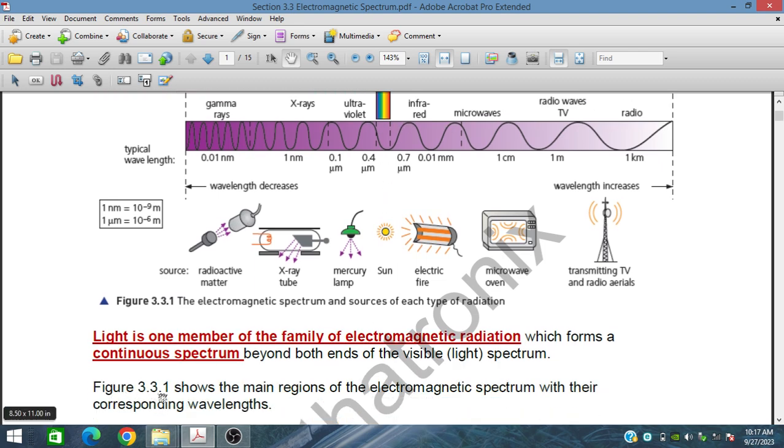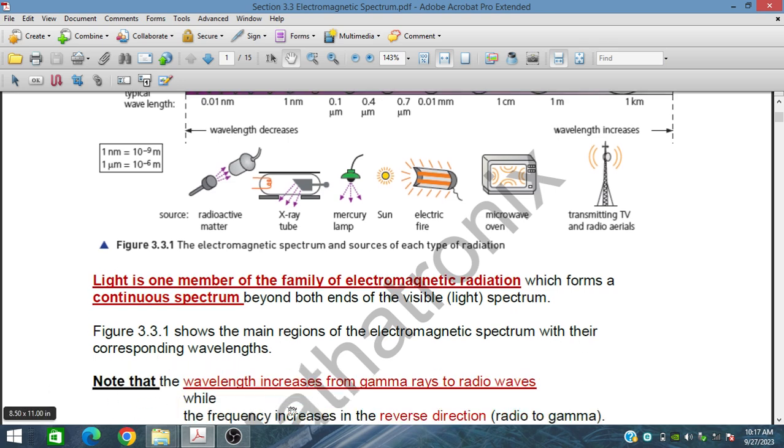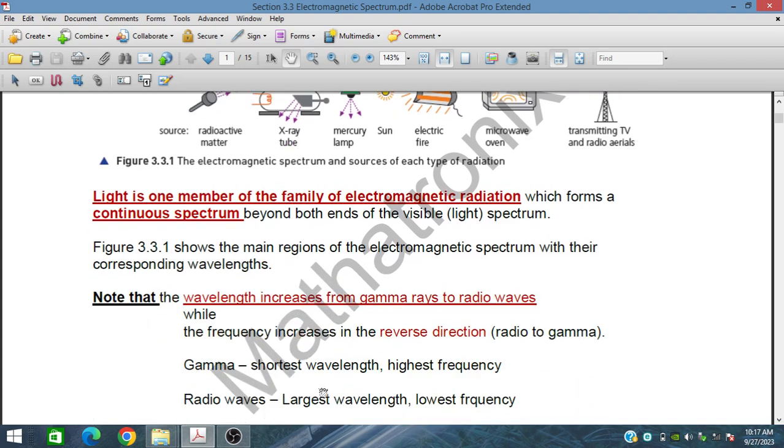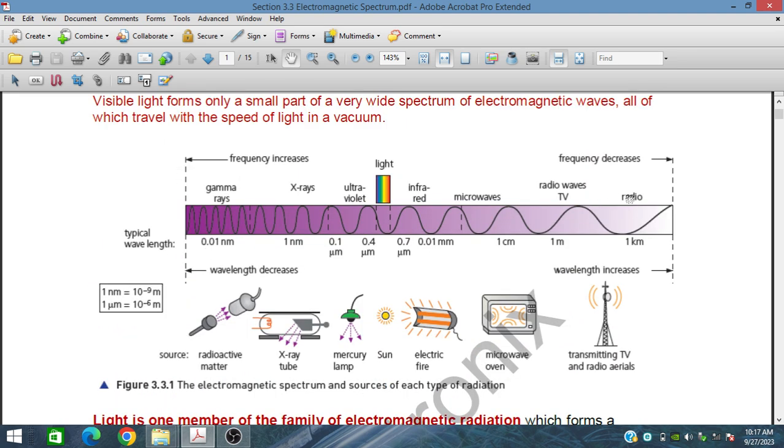Figure 3.31 shows the main regions of the electromagnetic spectrum with their corresponding wavelengths. Note that the wavelength increases from gamma to radio waves, while the frequency increases in the reverse direction, from radio to gamma.